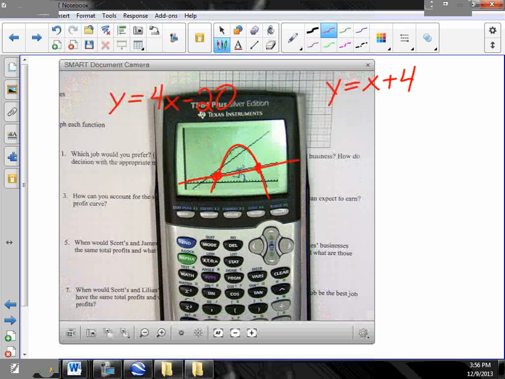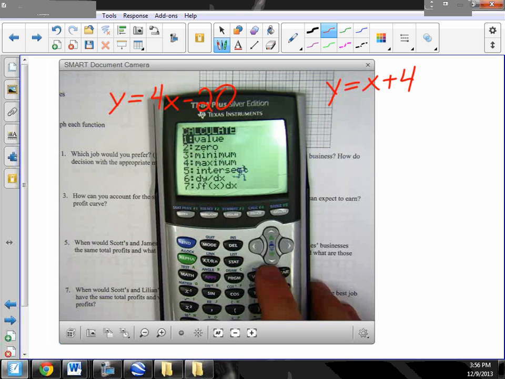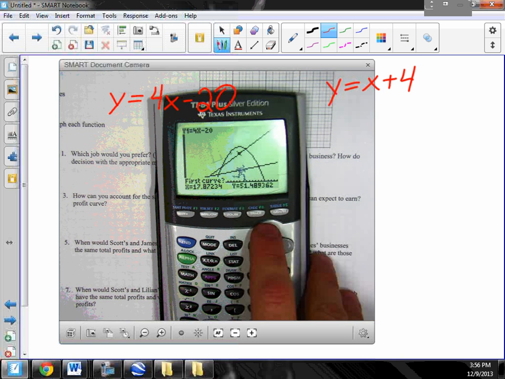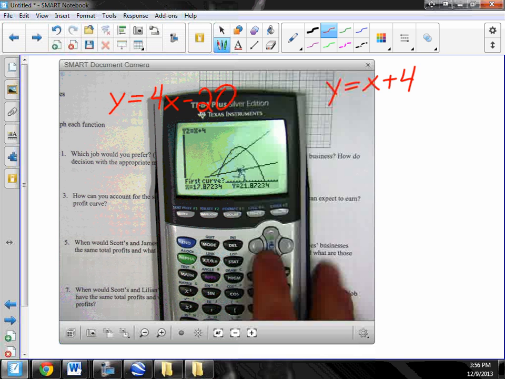It wants to know when does that happen and how much money were they both worth at those points. So, and again, you have to be careful that you pick the correct graphs. So second calc, I'm going to go down to intersect. And again, I have y1, y3, and y2. I want the intersection of y2 and y3.